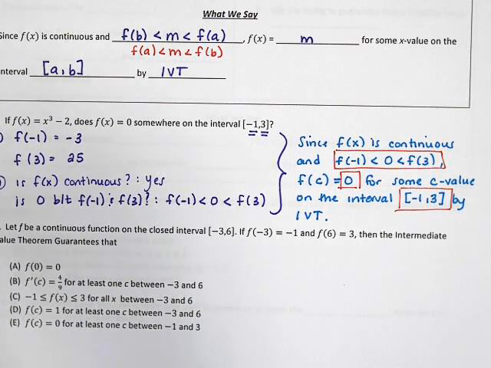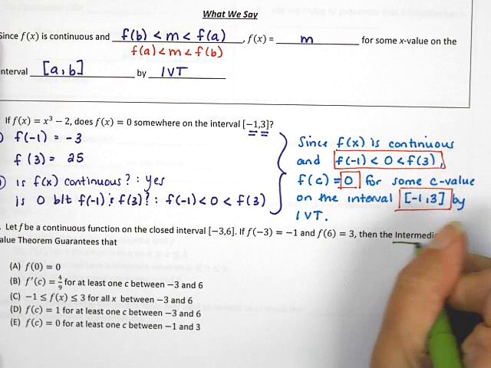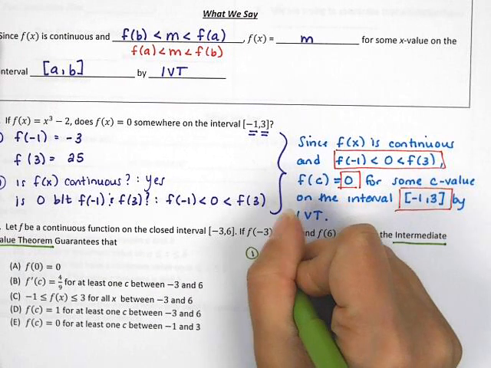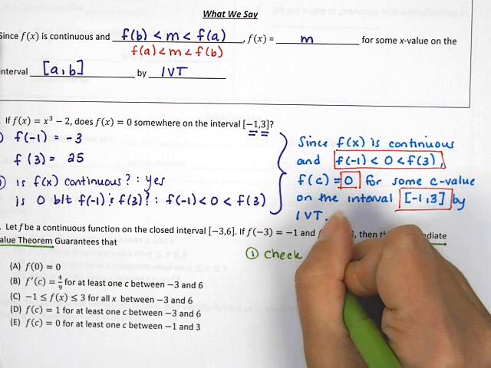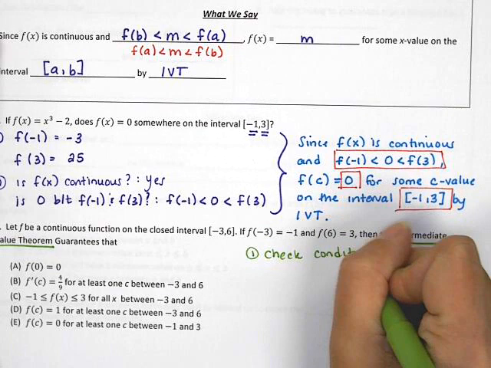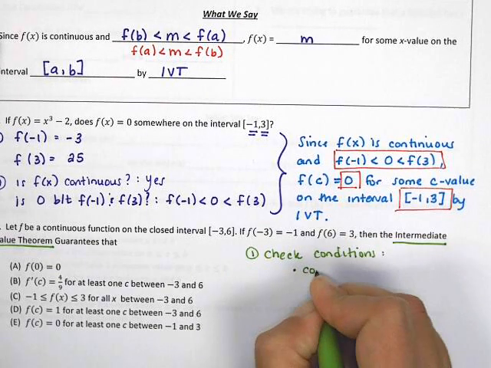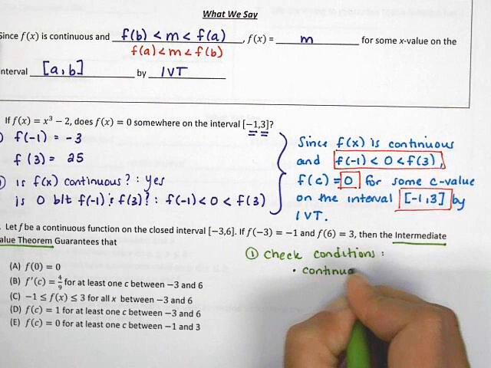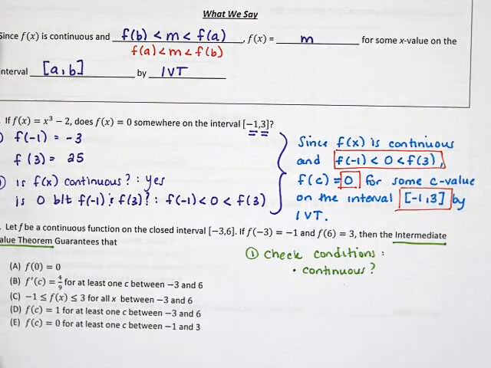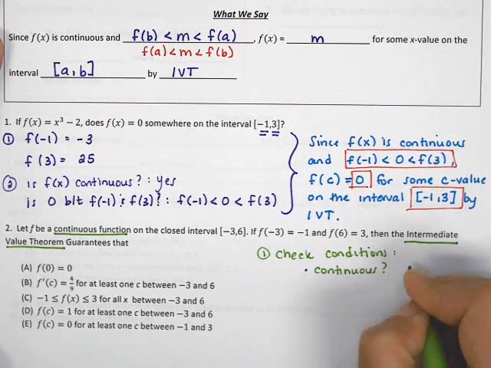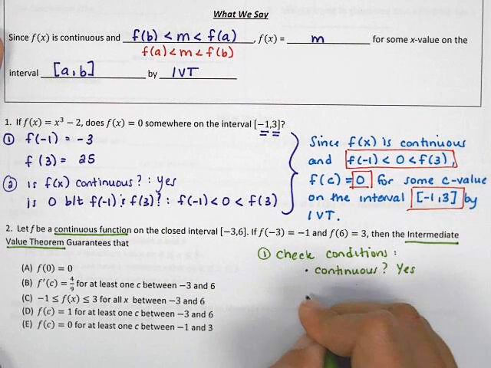Well, as soon as you see intermediate value theorem, the first thing you want to check is that you meet the conditions. The first condition is continuity. So is your function continuous? Well, it tells me in the instructions that we have a continuous function, so the answer is yes.